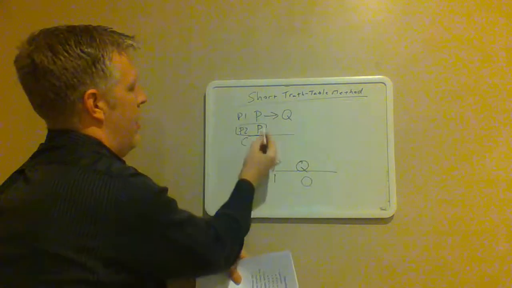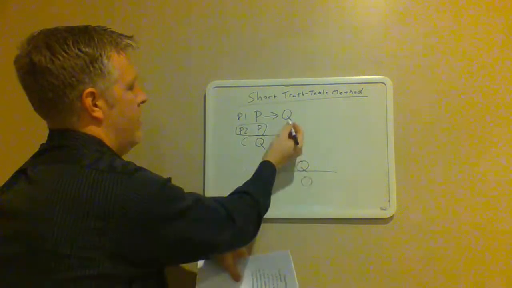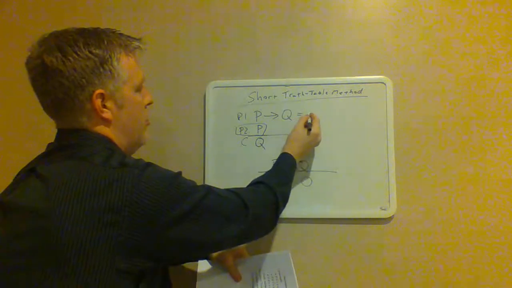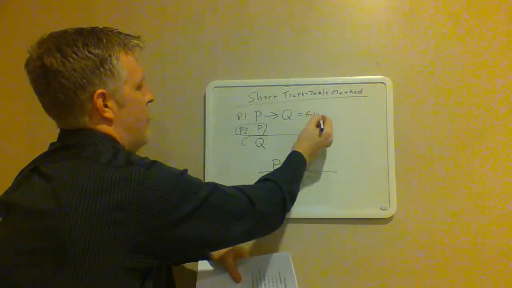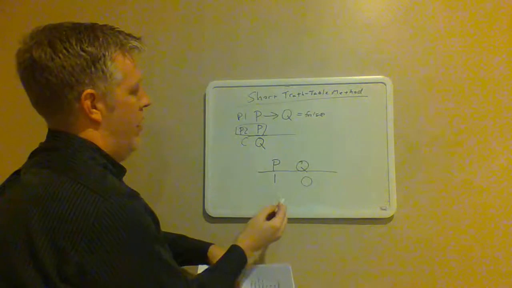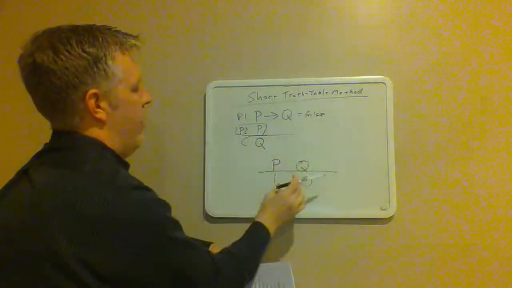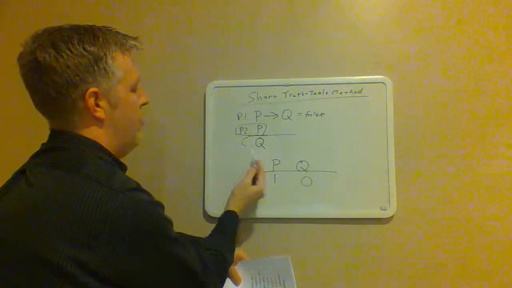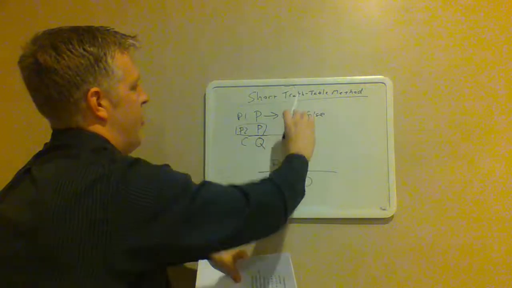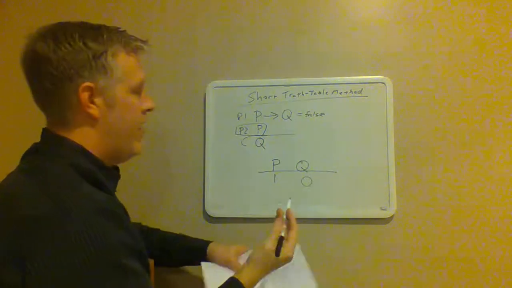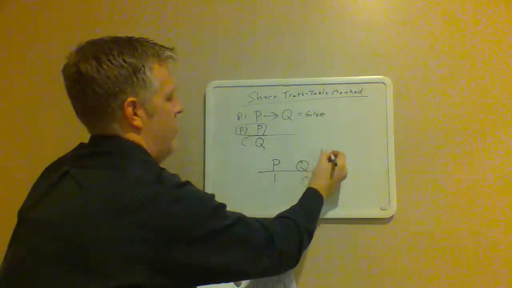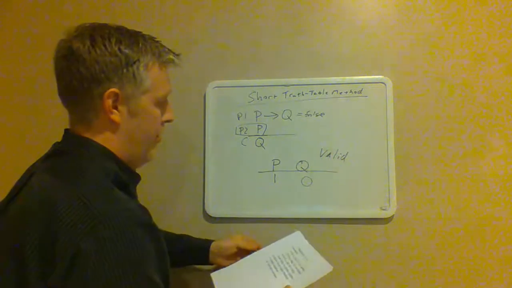No. In fact, a true antecedent and a false consequent will render the whole conditional false. So it's not possible to plug in truth values here where the conclusion will be false and yet both premises will be true. Since we couldn't find such a case, we would know this is valid.